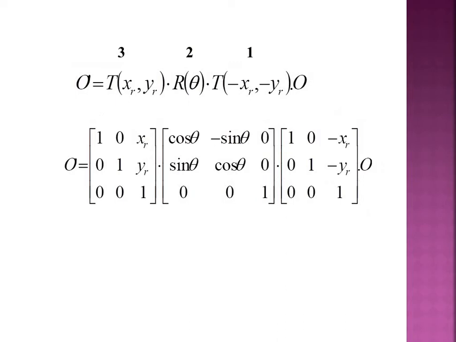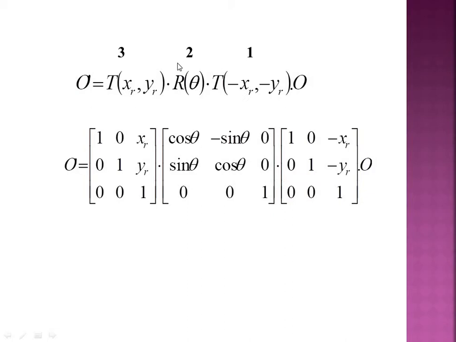So how are we going to perform this? Now we will put all these matrices that we have just discussed in a sequence from right to left. At the rightmost position there will be the object matrix, then the first translation matrix, in which we are moving the point towards the origin, then the second step, which is the rotation, and the third step, in which we are moving the object back to its original position.